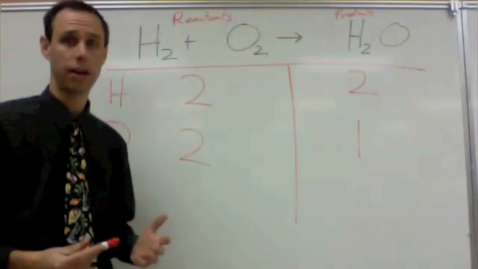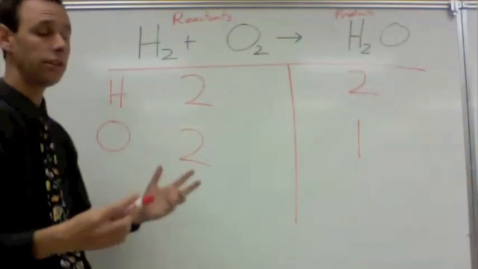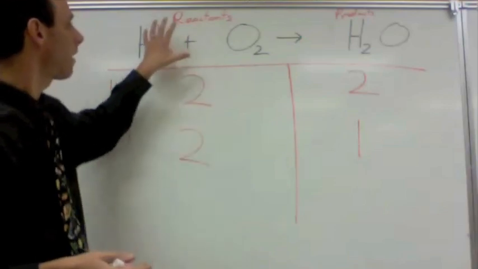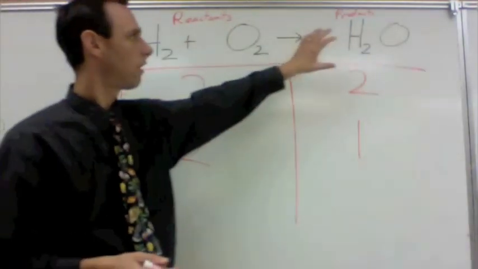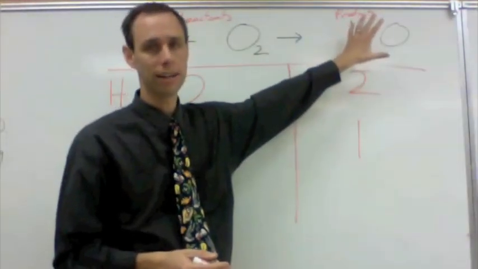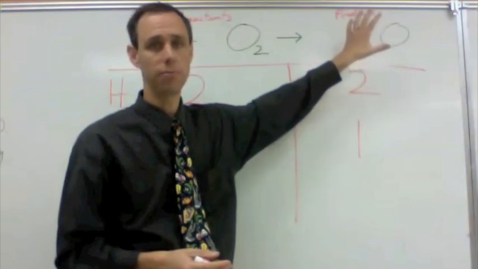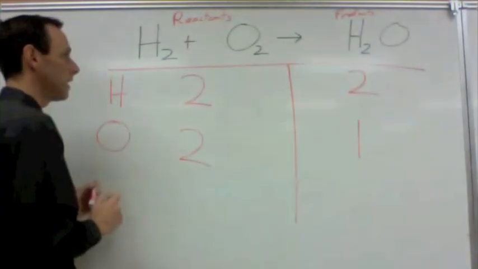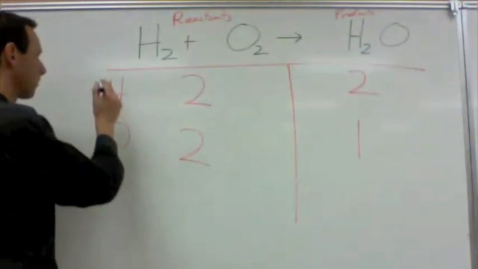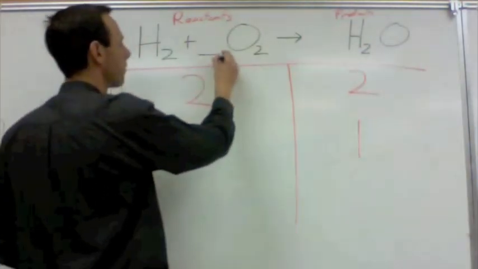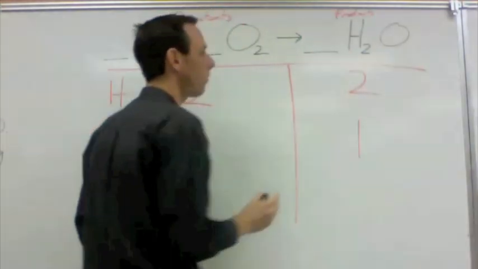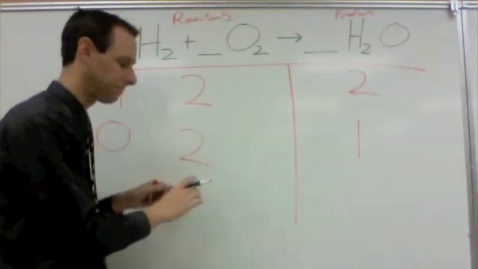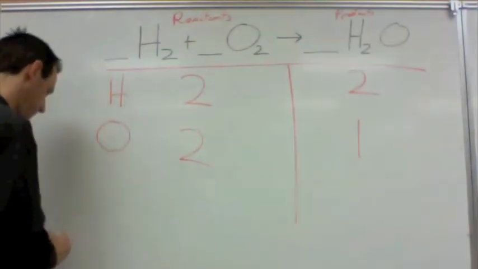This is unbalanced because in nature, matter is not going to be destroyed. All of the items on this side are simply rearranged on this side. Every piece still needs to be represented on both sides. So our goal is to add coefficients to the fronts of all of these formulas until the numbers down here match. So let's do that.